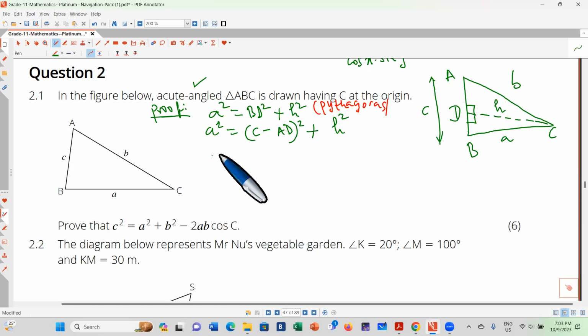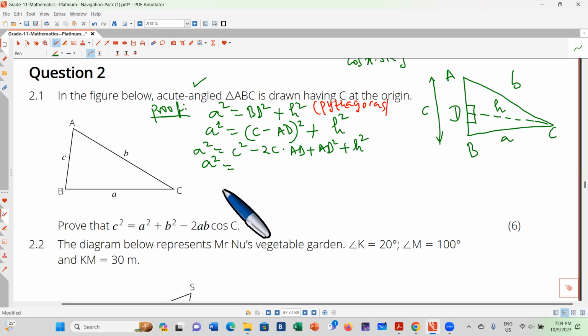So we have this, and this is then the same as A squared equals, you square these, C squared minus 2C AD plus AD squared. So what is AD squared plus H squared?